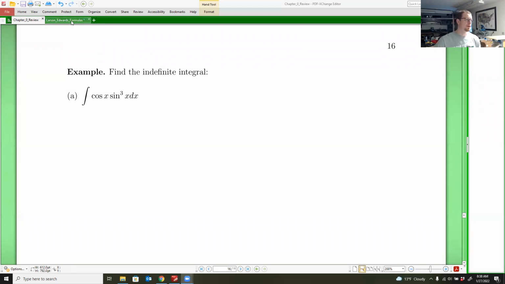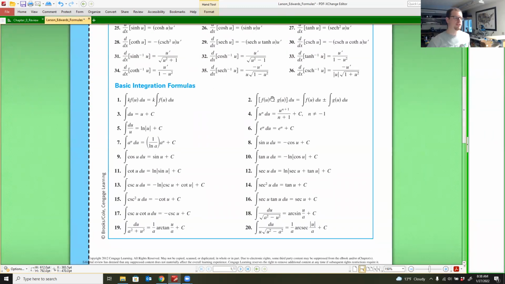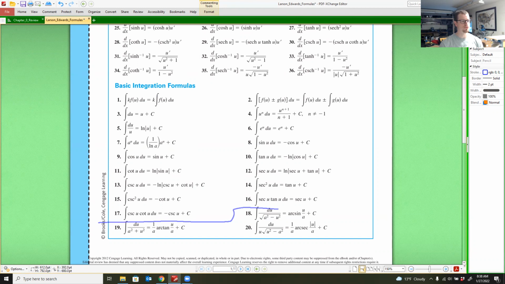So what should we be familiar with? Well, again, we have a nice formula sheet that's going to help us out quite a bit, and that will be available. Let's take a look at the formula sheet really quickly. Here are our notes, but here's the formula sheet that I will be happy to share with you guys. Things that you should be familiar with from Calc 1 bring you all the way up to 17 here.